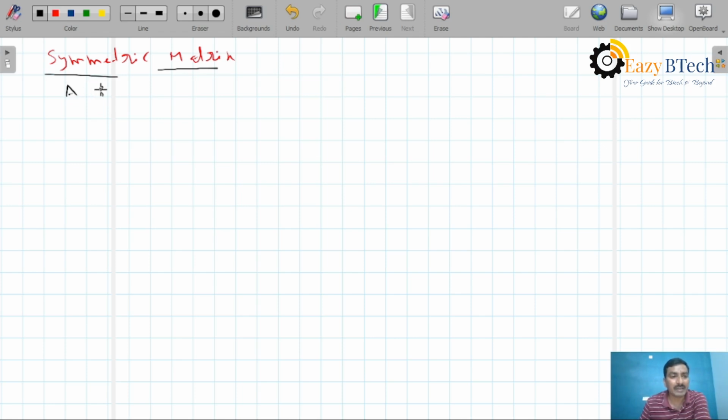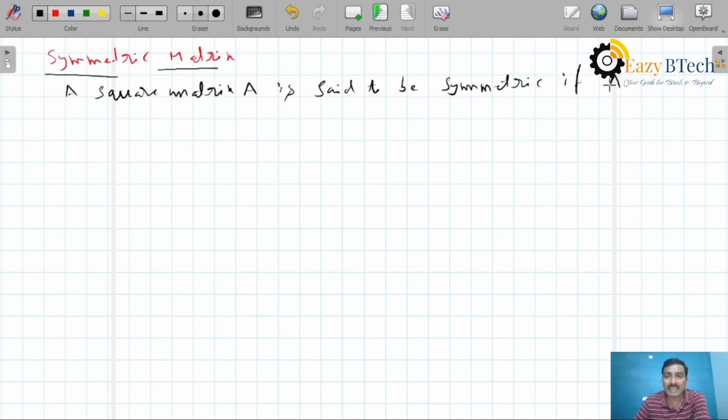See the definition: a square matrix capital A is said to be symmetric if A transpose equals itself, A transpose equals A. That means if you transpose a matrix and get the same matrix again, the matrix is said to be symmetric. See an example.